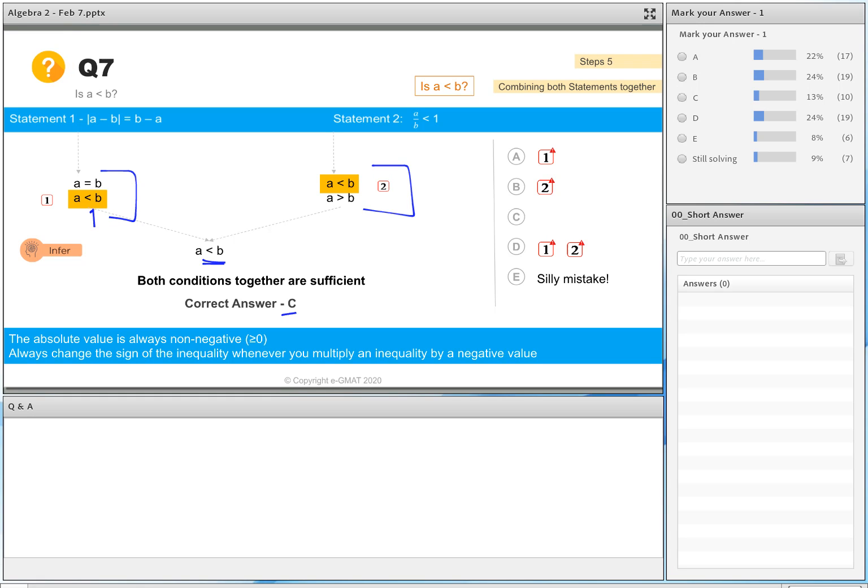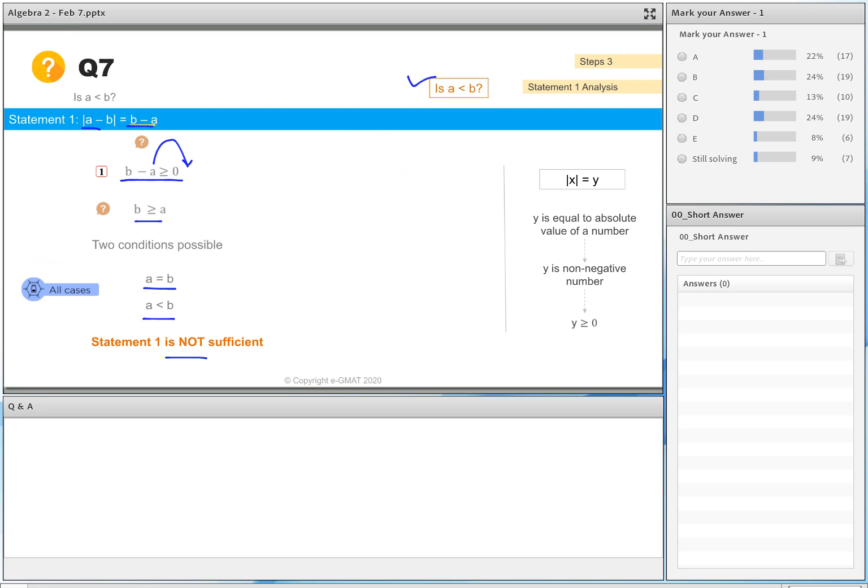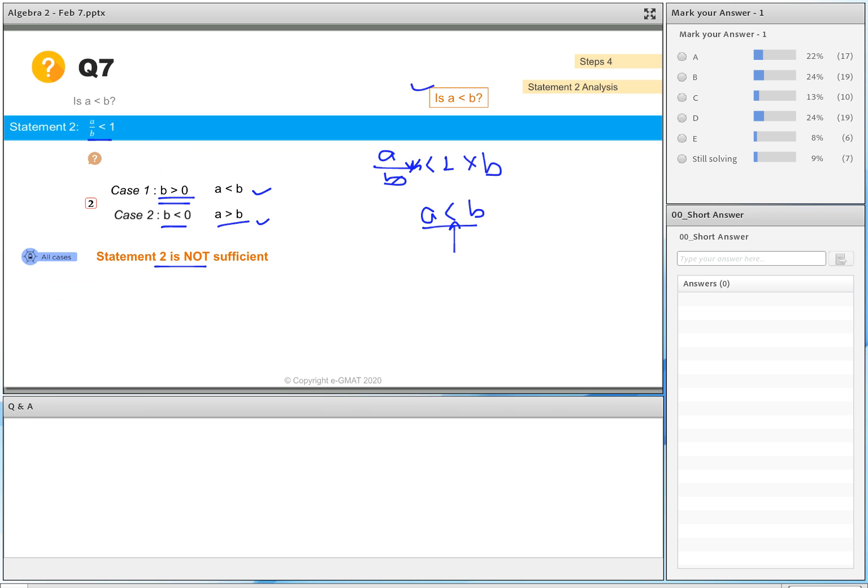Right? So a very important thing is when you analyze the first and the second statement. The first statement is a very simple thing. If mod of x is equal to y, y has to be a non-negative number, right? It can either be equal to 0 or positive. When a by b is less than 1, multiply b, get this inequality. Then with respect to the value of b, since I multiplied b, if b is positive, the inequality holds.